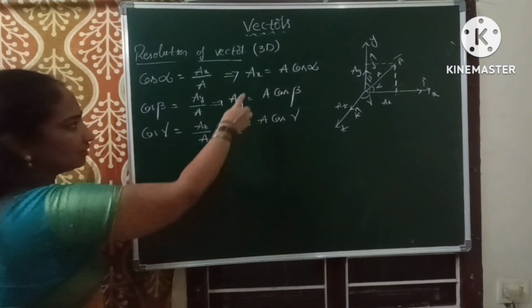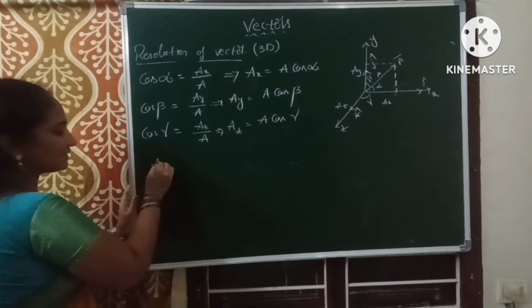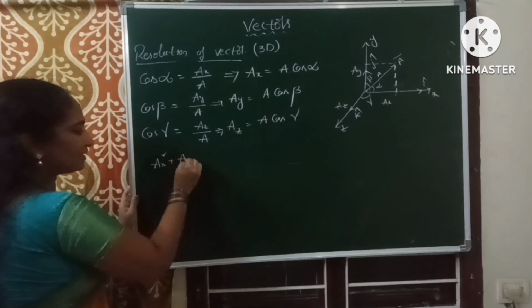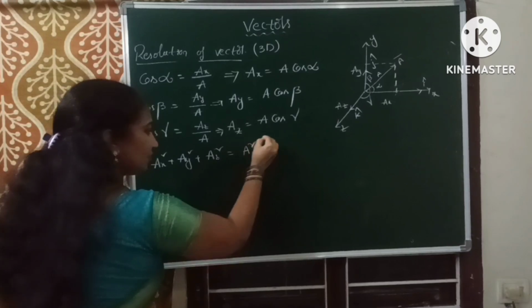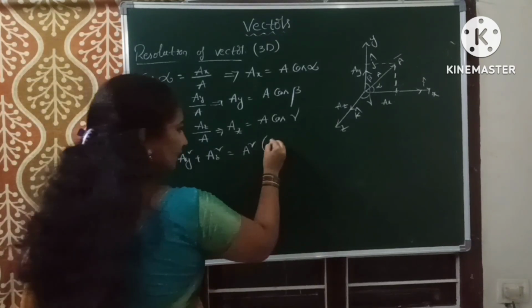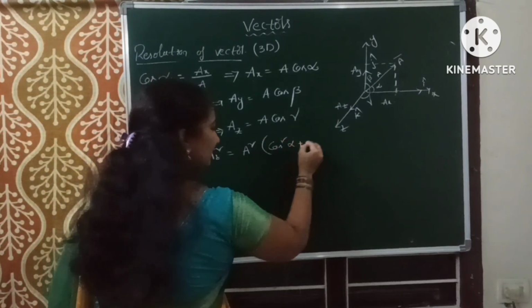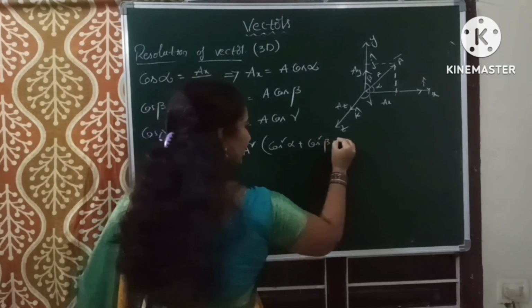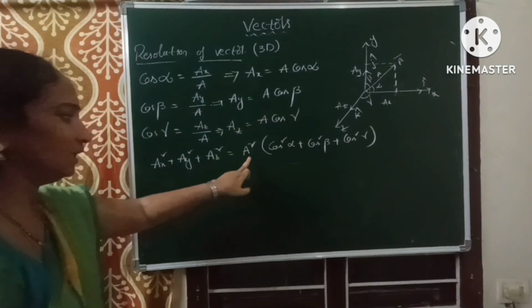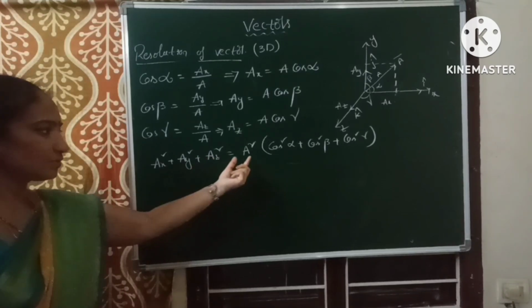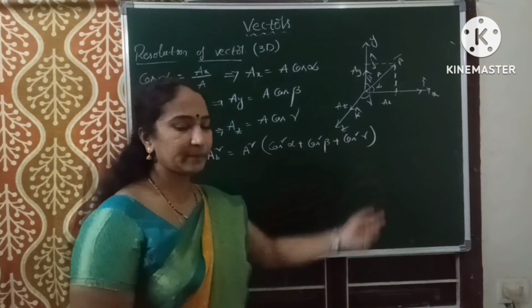Right. So from this you can calculate ax square plus ay square plus az square, which is equal to, take a square as common. Taking a square common, we get cos square alpha plus cos square beta plus cos square gamma. Squaring on both sides and taking a square common, we get a square of cos square alpha plus cos square beta plus cos square gamma.